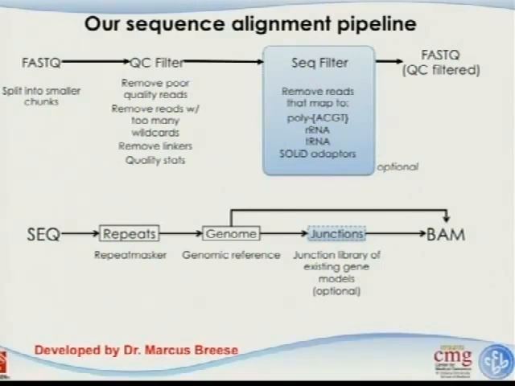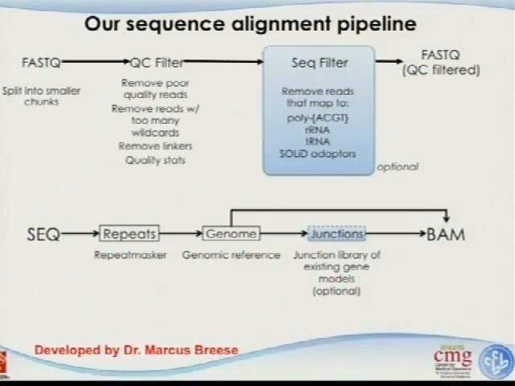So every single exon has the potential to connect with a downstream exon up to certain lengths, okay? And that would be a pretty big junction library, but we only need to do that once, and then we build an index based on that. For the remaining reads, we map against these junction libraries and then further figure out the BAM files, okay? All this code was written by Marcus Brace.